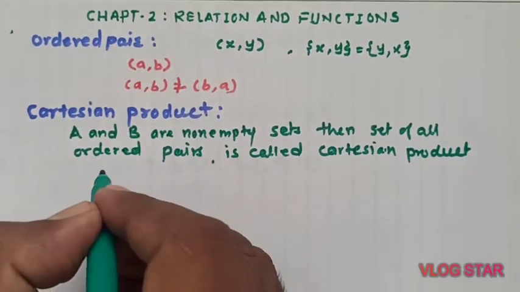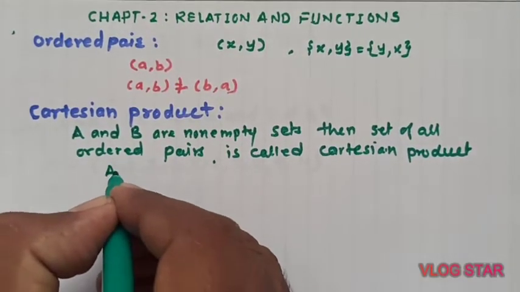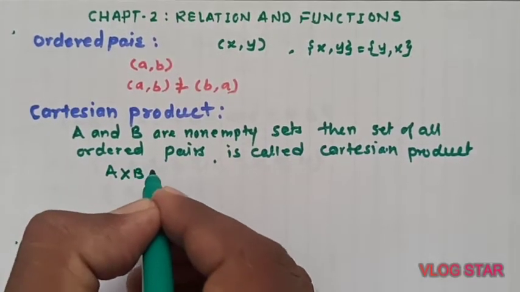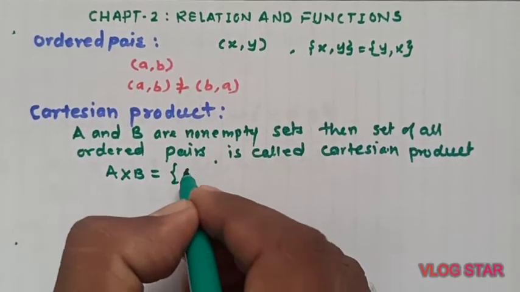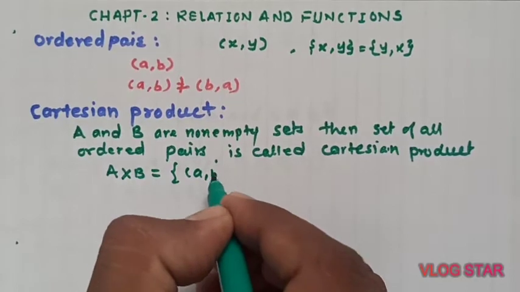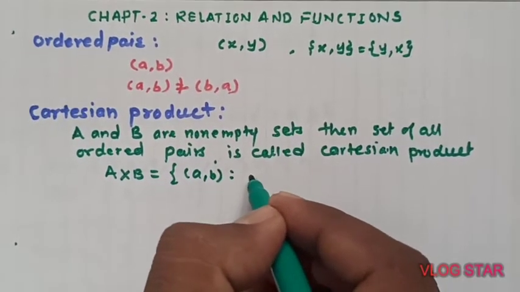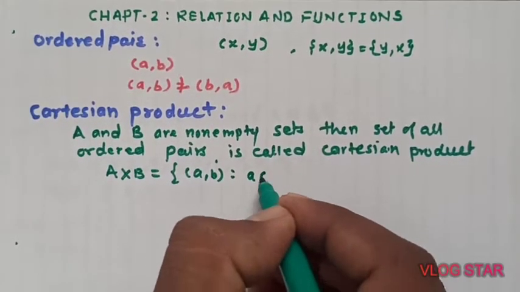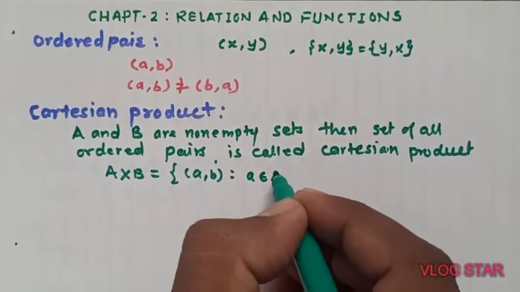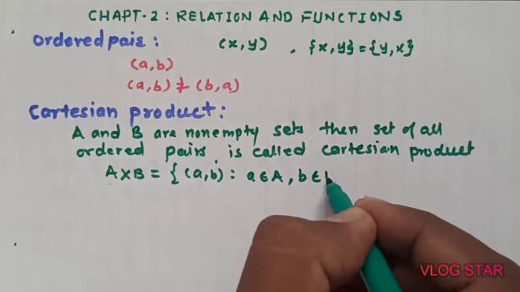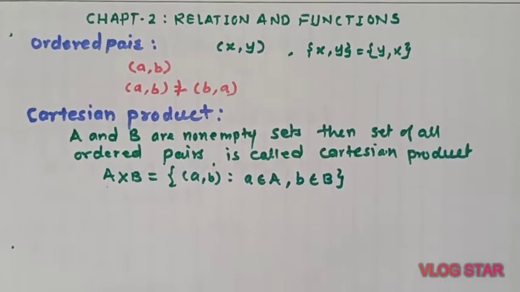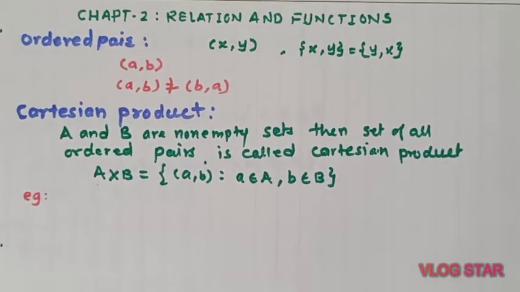For example, if I write A cross B, this is a notation for Cartesian product. It is set of all (a, b) such that your a comes from first set A and your b comes from second set B. We'll discuss this concept in detail.